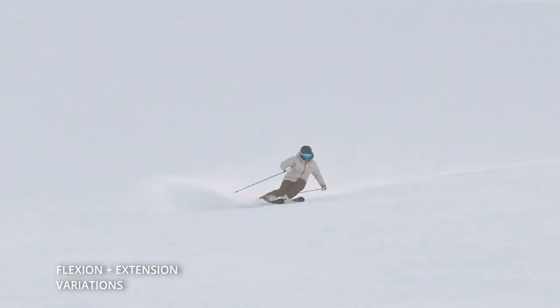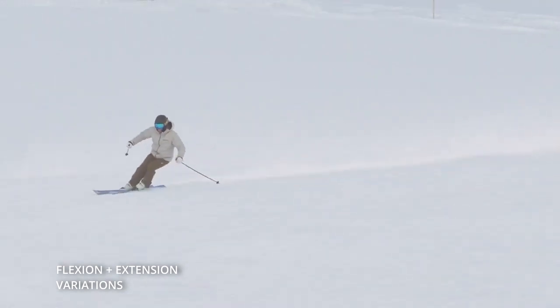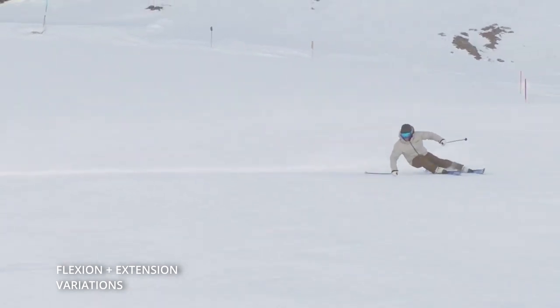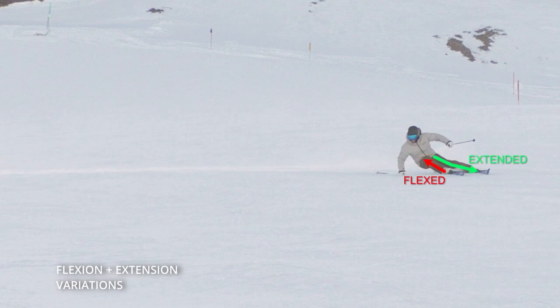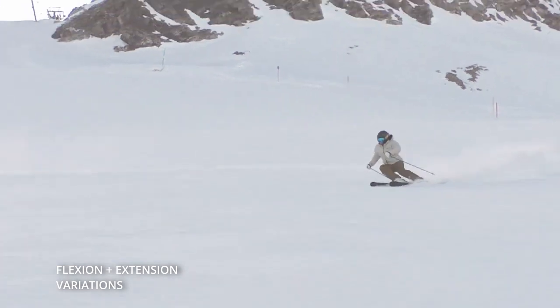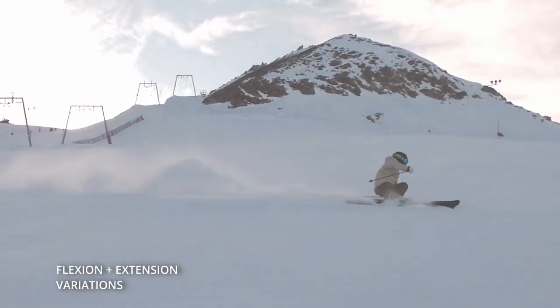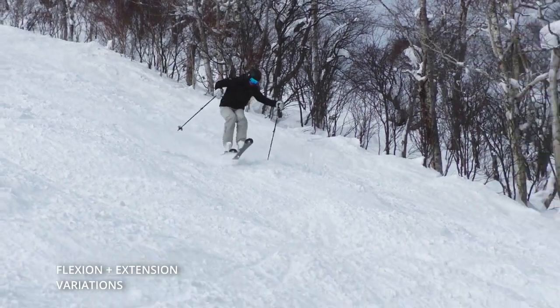For example, in a carved turn, flexing the inside leg while extending the outside leg helps the skier achieve a strong, balanced position against a high edge. The inside leg's flexion allows the ski to tip onto its edge, while the outside leg stays long and provides support and stability to resist the forces.